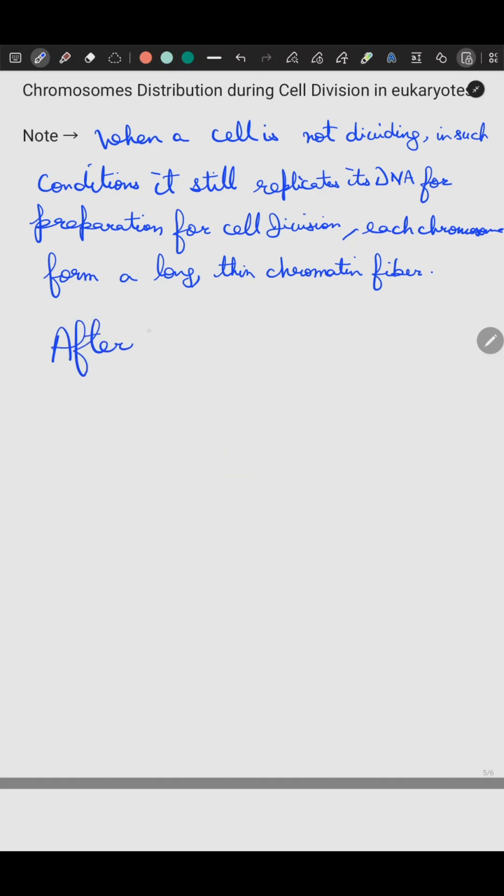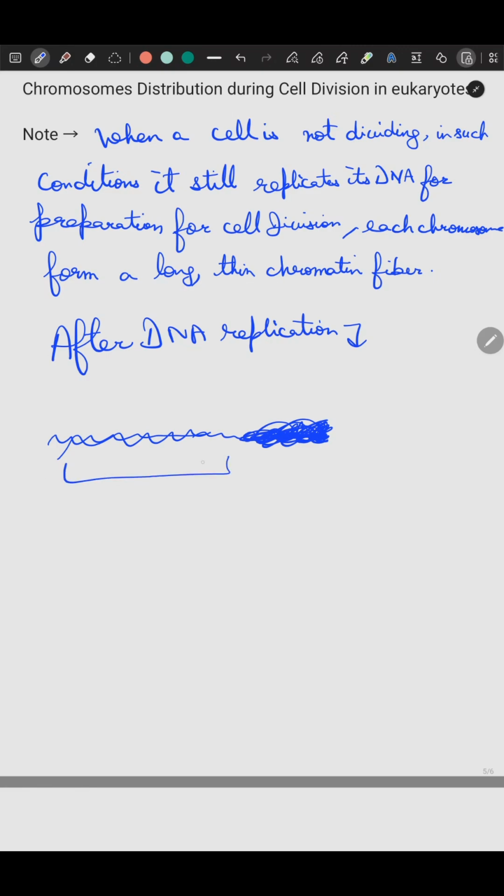After replication took place, what happened here? We can say BR is before replication and AR is after replication.